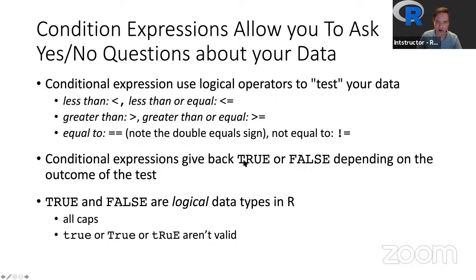You have to use all capital letters, so all capital TRUE and all capital FALSE. Don't put lowercase, because that's not the same. Don't put a capital T and the rest lowercase, and don't mix cases. Those aren't valid. TRUE and FALSE have to be all capitals. I mention that because in other languages, that's not the case. You can use lowercase versions of that, and they're not the same. R requires that you have all uppercase values for those.